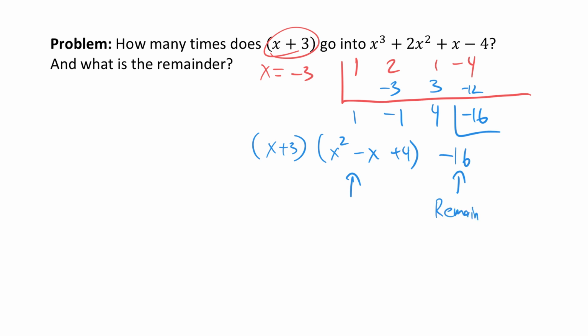So this is our remainder. And when you're asked how many times something goes in, that's called the quotient. So you were looking for the quotient, and indeed, the quotient is this piece right here, x squared minus x plus 4.